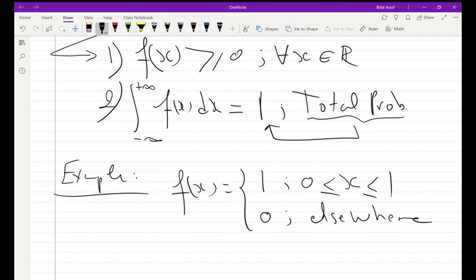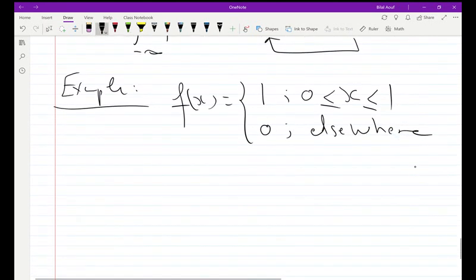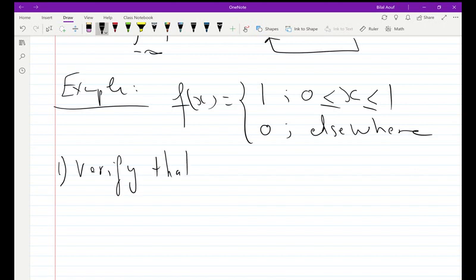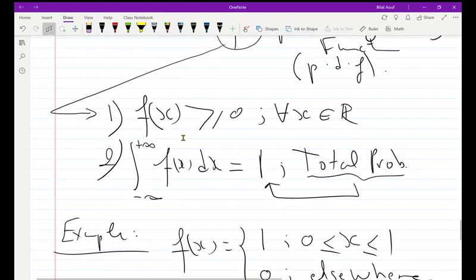Say for example, if I ask you to verify that f is a PDF, means probability density function. As I mentioned before, f to be a probability density function must satisfy the two above conditions, first one and the second one.